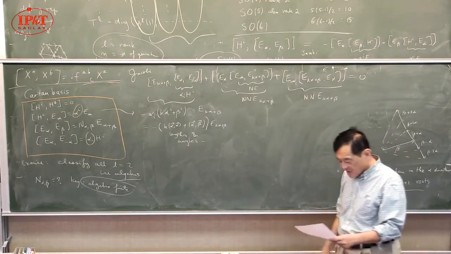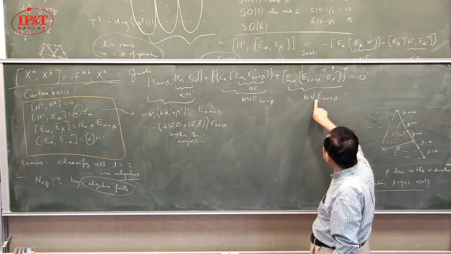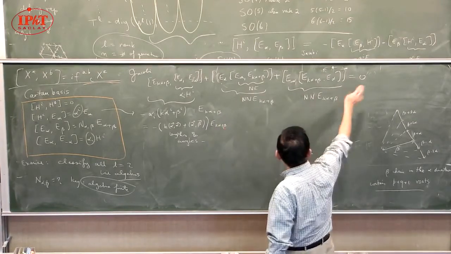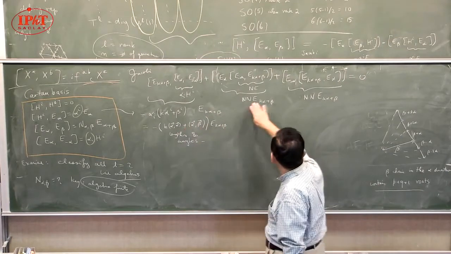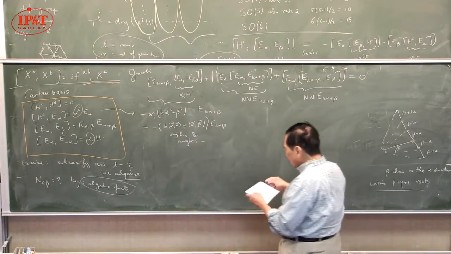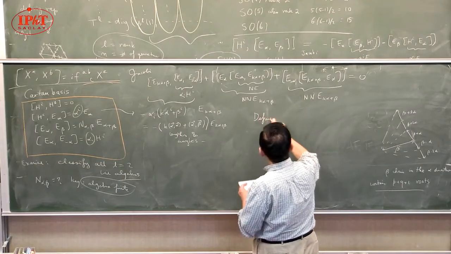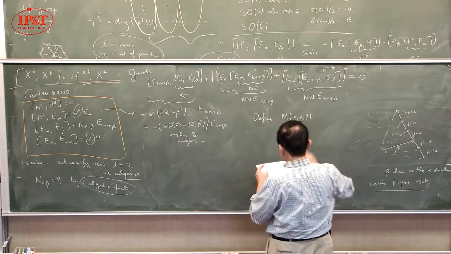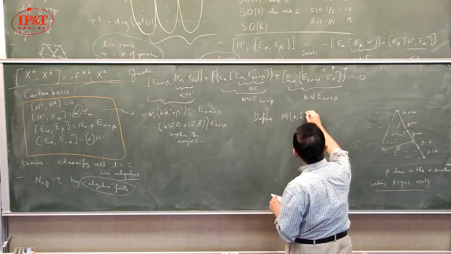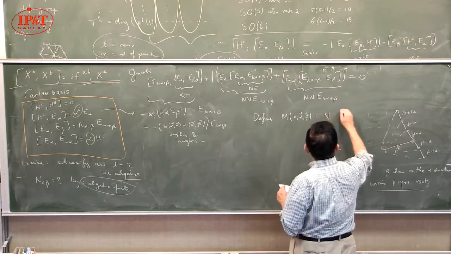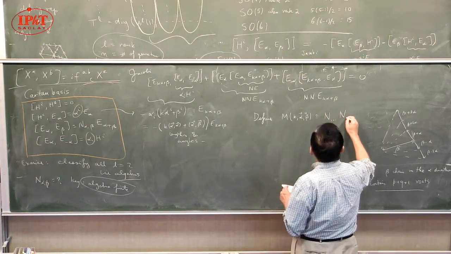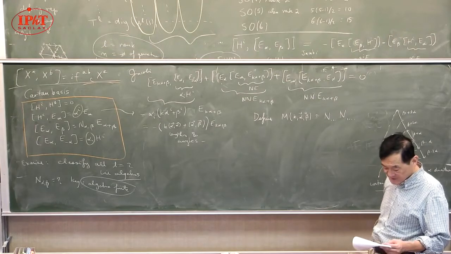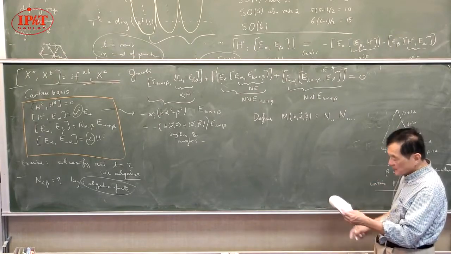Okay? So we clearly get a relationship because this coefficient of E alpha plus beta is common. And so we get a relationship between this, this, and this. So at this point, you define something, and this thing is going to depend on K, it depends on alpha, and it depends on beta. It depends on the two root vectors and the N's. So I'm not going to write all this out carefully. You can find this in the book or you can work it out. I'm not going to write all this on the blackboard.